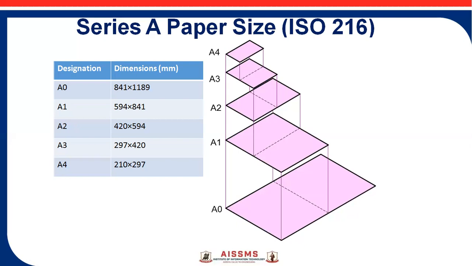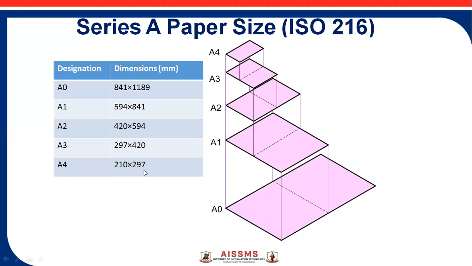And A4 most of the time, in day-to-day life, we are using for xerox paper, or you can say photocopy paper or stationery material. All these sizes are shown in mm: 841 by 1189 mm for A0, to A4 size 210 by 297 mm.